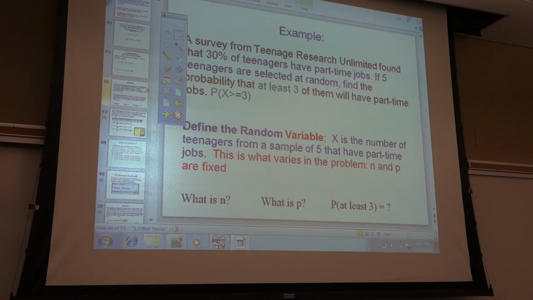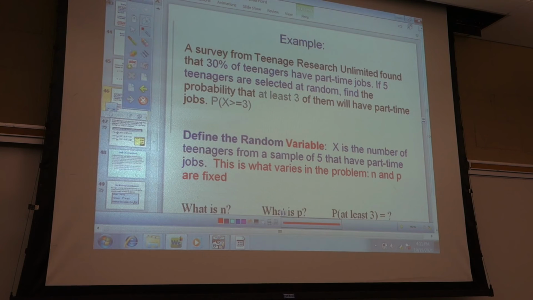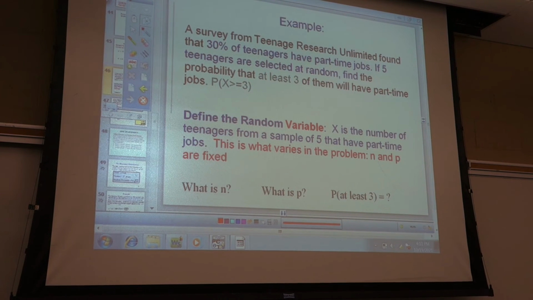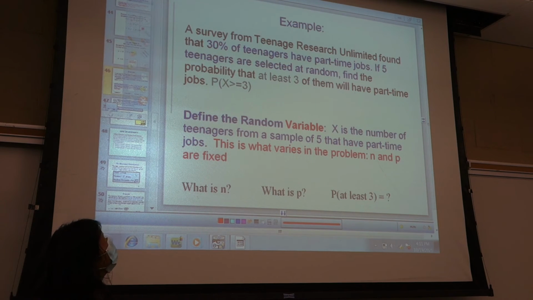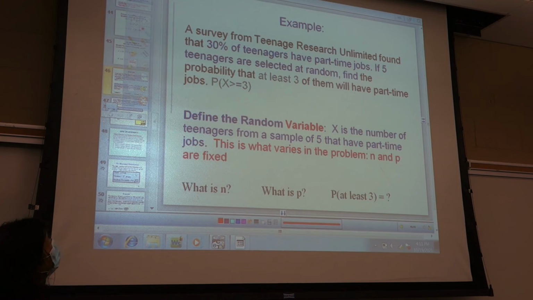All right, let's take a look at a word problem. A survey from Teenage Research Unlimited found that 30% of teenagers have part-time jobs. If 5 teenagers are selected at random, find the probability that at least 3 of them will have part-time jobs.